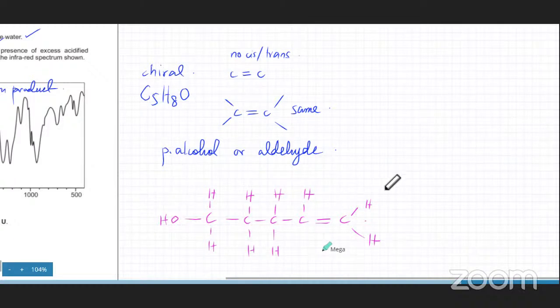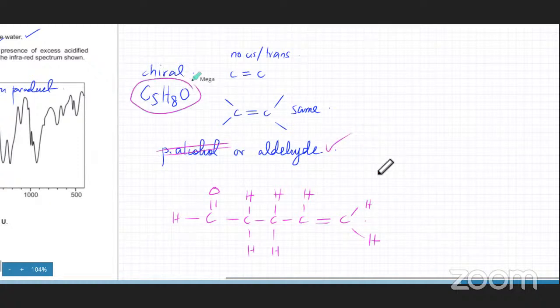So that means I can't really go with an alcohol. Let me try making it into an aldehyde. If I make it an aldehyde, do I get the right number of hydrogen atoms? It's 1, 2, 3, 4, 5, 6, 7, and 8. So that means I should not be going with a primary alcohol because with an aldehyde, I get the right number of hydrogens. Okay, is this clear as well up till this point?